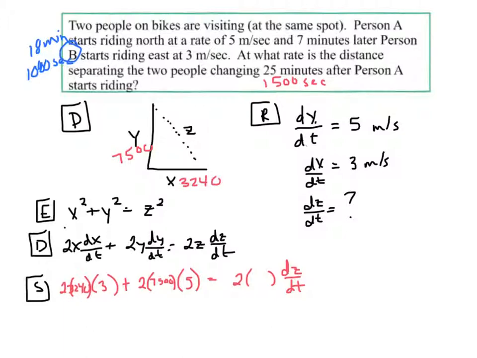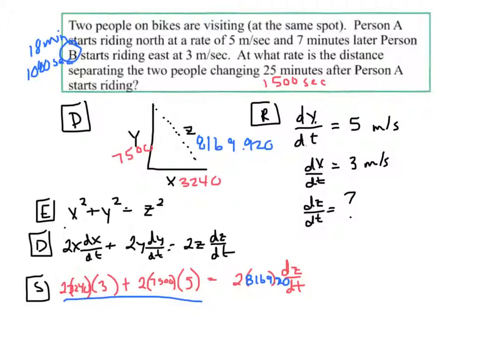And of course, to figure out z, I need to do the Pythagorean theorem. So 3,240 squared plus 7,500 squared, and then I square root that answer, and I get 8,169.920. Okay, that's going to go here, 8,169.920.